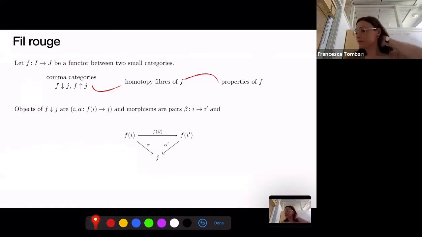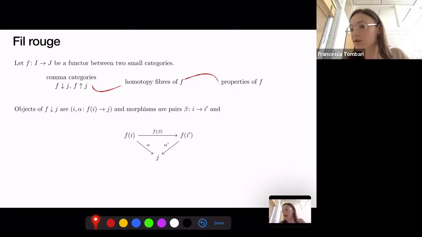Anyway, a comma category, I'm just going to define this F over j, where j is a fixed object in the landing category capital J, is a category formed by pairs. The first entry is an object in the indexing category I. The second entry is a morphism from the image under F of i to this fixed object j in the landing category.